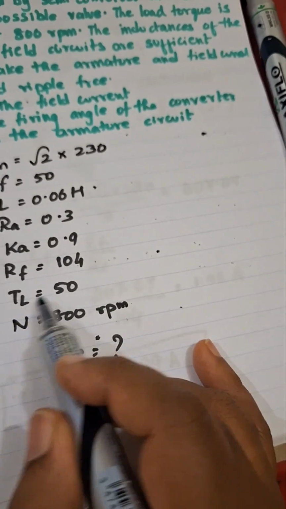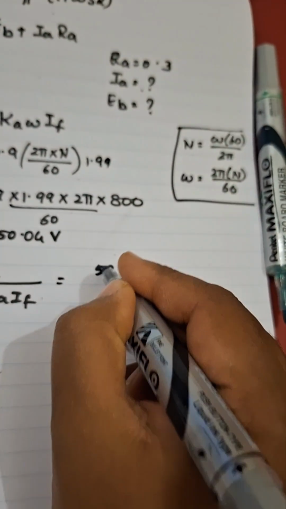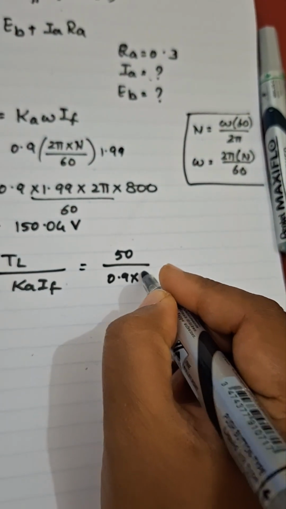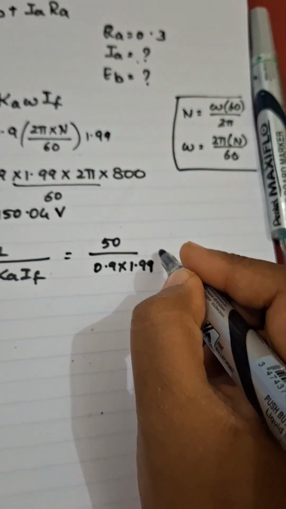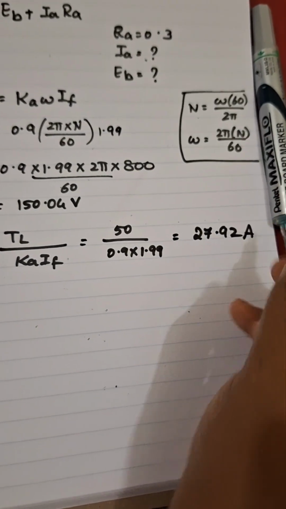Load torque is given as 50, Ka we know is 0.9, IF we got as 1.99. If you do this calculation, you will get 27.92 amps.